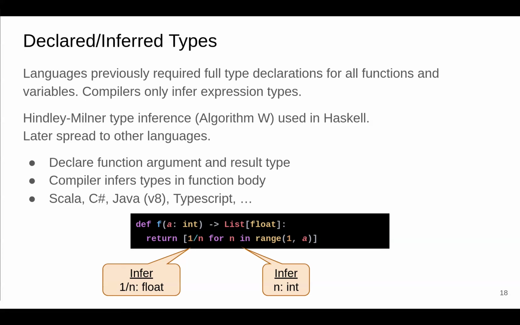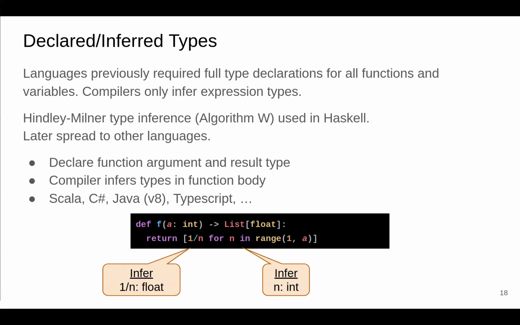There are extensions in Scala, C#, Java, TypeScript, and so on that do this. For example, it may infer this is a float for n, this must be an int, and then it can go through the individual details, and only when there's a violation will it throw an error. So it used to be declared only. Now we're moving to more and more inferred.